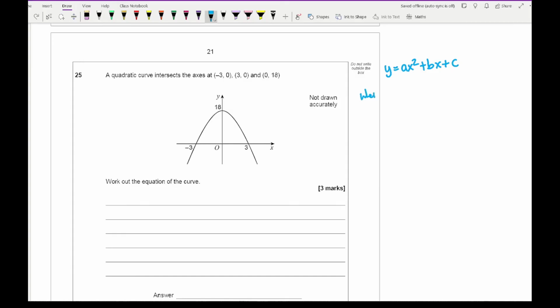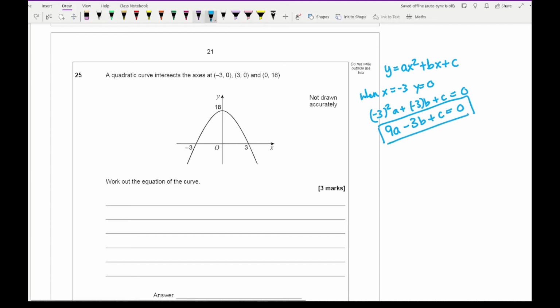So when x equals minus 3, y equals 0, so what I end up with is minus 3 squared a plus minus 3b plus c, and that equals 0. So simplifying this, we get 9a minus 3b plus c equals 0. So that's one equation that we've got.